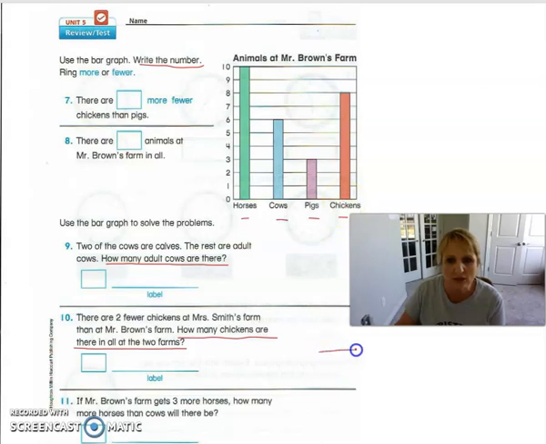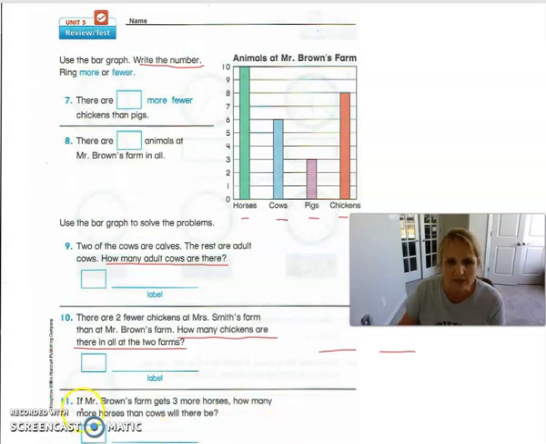We also need to know that Mrs. Smith has 2 less than Mr. Brown. So we need to know how many Mrs. Smith has, and then we need to know how many the 2 of them have together. All right? Solve that, write your answer, and label it. You may stop the video at any time.